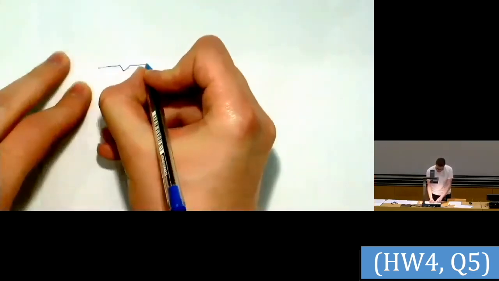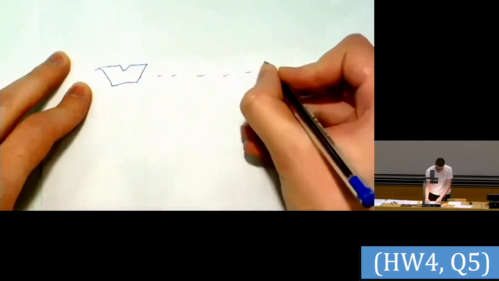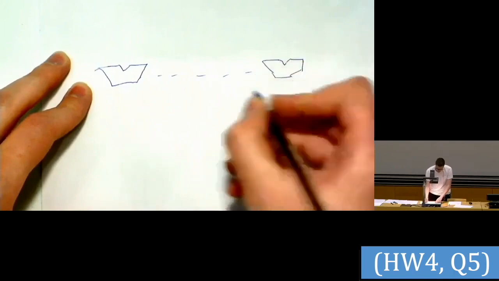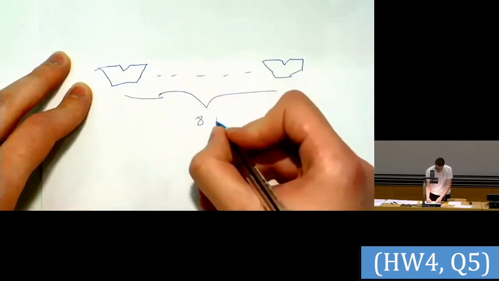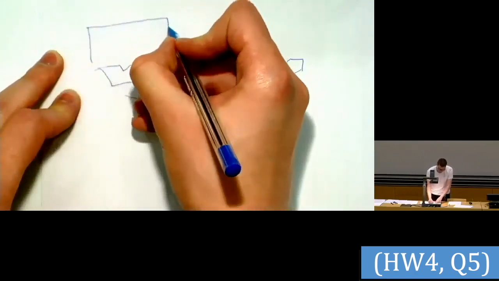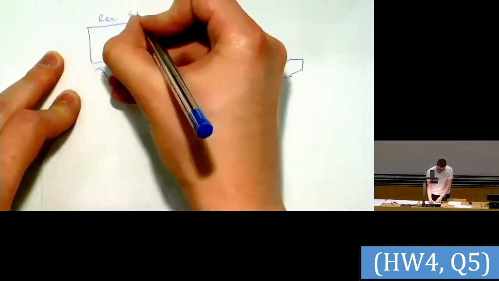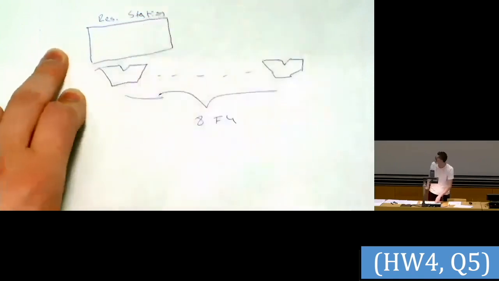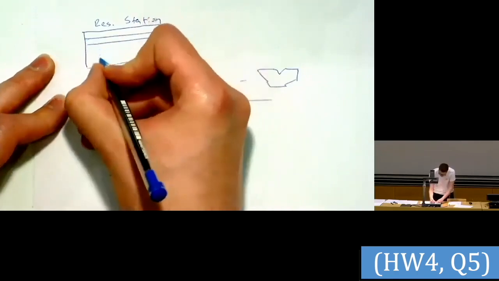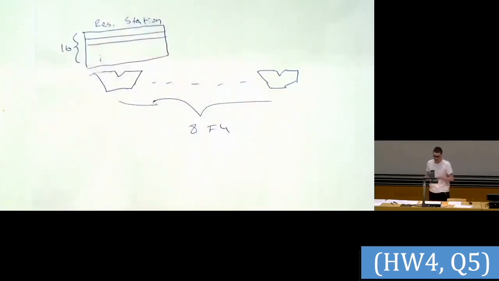So you have some functional units here. I can't draw very well, but you have 8 functional units in total, and each functional unit has its own reservation station, with 16 entries per reservation station.